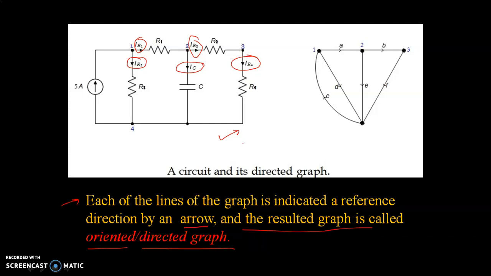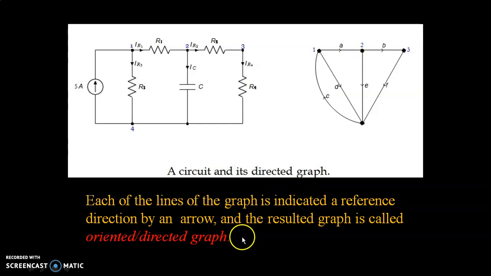By doing this, we will get an oriented graph or reference graph. Nothing less, nothing more. We are just adding directions to the graph, so it becomes an oriented graph or directed graph, as simple as that.